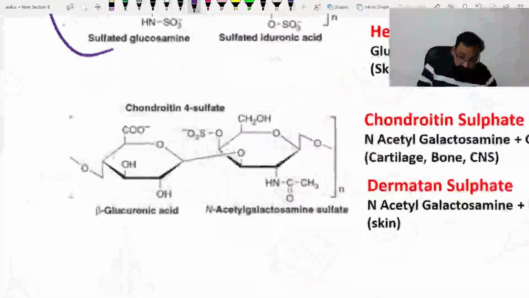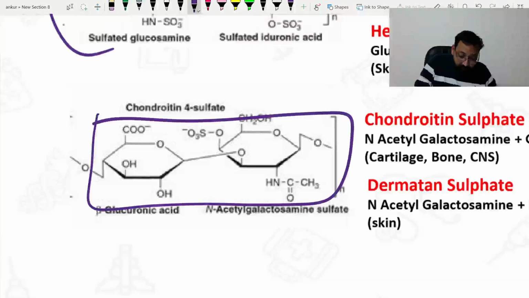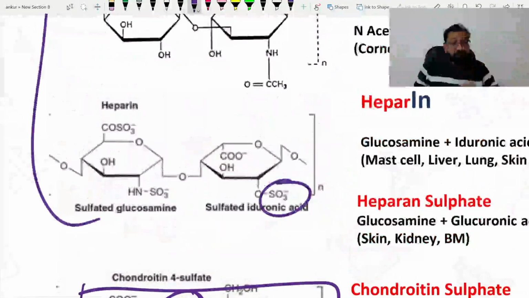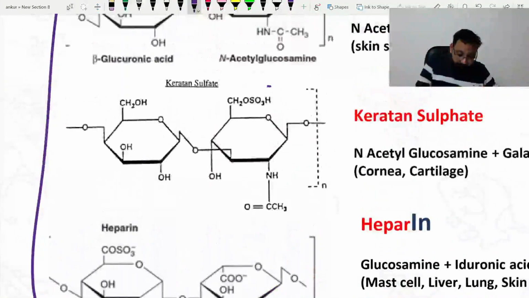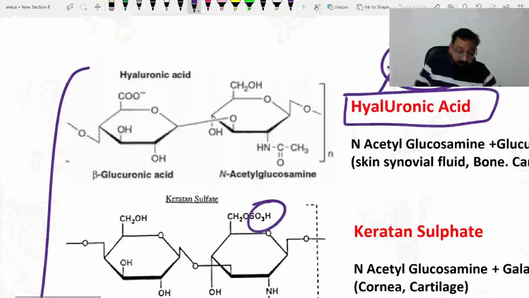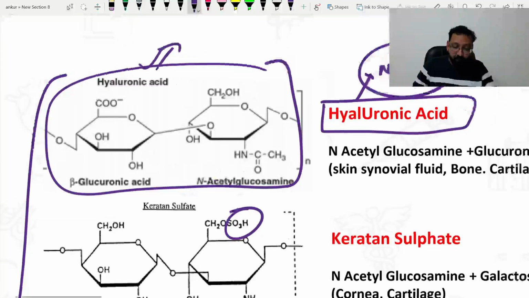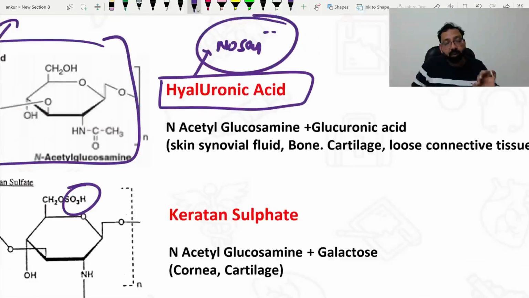If sulfate is there, it can't be hyaluronic acid. No sulfate, hyaluronic acid. So first, hyaluronic acid has no sulfate. If they give a structure, you will search for sulfate. If no sulfate, hyaluronic acid.